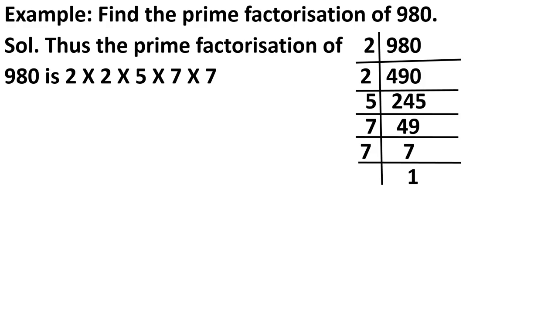Now 7 sevens are 49 and 7 ones are 7. So the prime factorization of 980 is 2 multiplied by 2 multiplied by 5 multiplied by 7 multiplied by 7. Why is this called prime factorization? Because all the factors are prime numbers here. That's why it is called the prime factorization method.